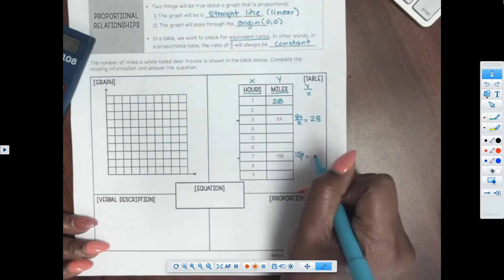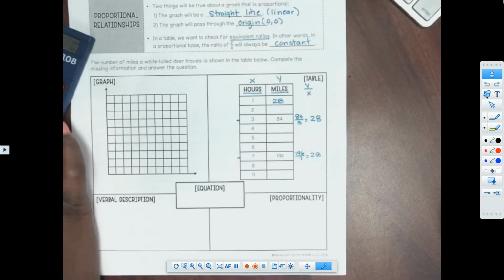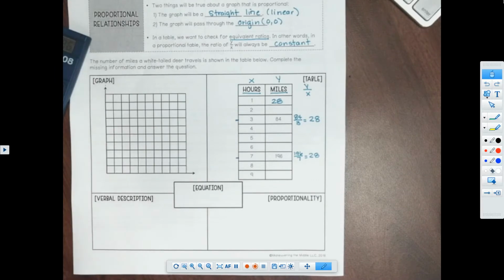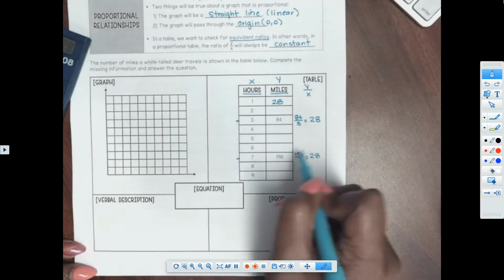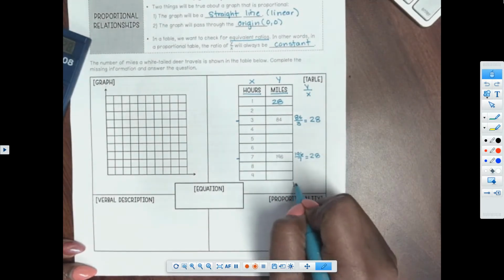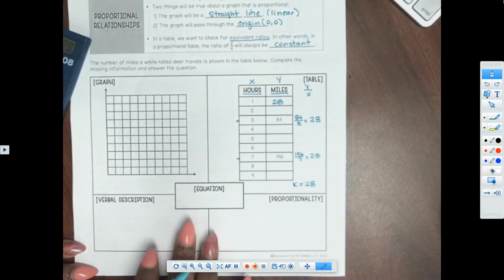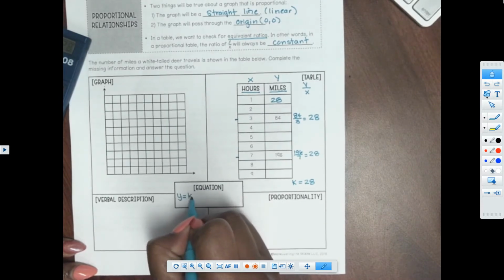So if I know that this is 28, that means that each one of these data points should follow the same pattern of a constant rate of 28 miles for every hour that is traveled. So how do I use that to find my equation? Remember, the constant of proportionality equation was y equals kx.